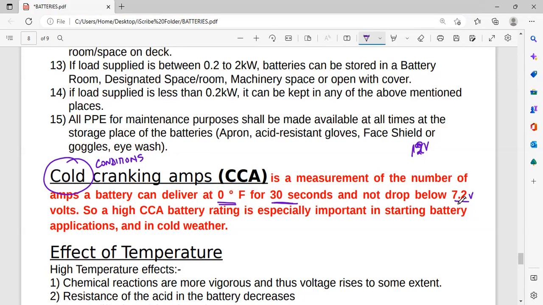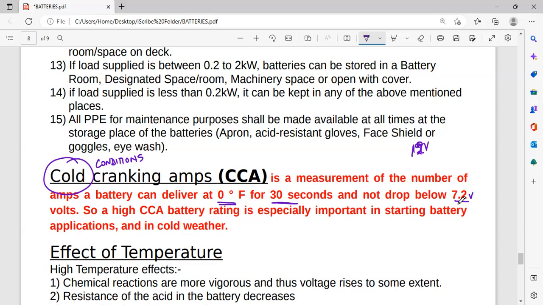If you look at the batteries for your general use, or your batteries for the GMDSS, they are not being used to start equipment such as your emergency generator. So they don't need to have high cold cranking amperes.